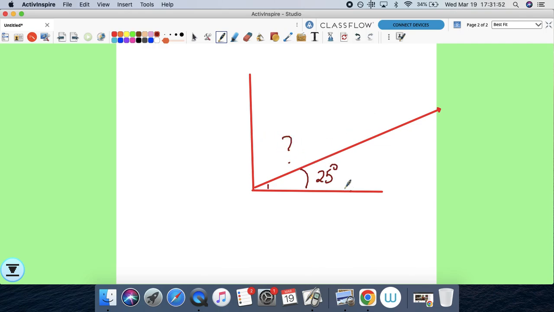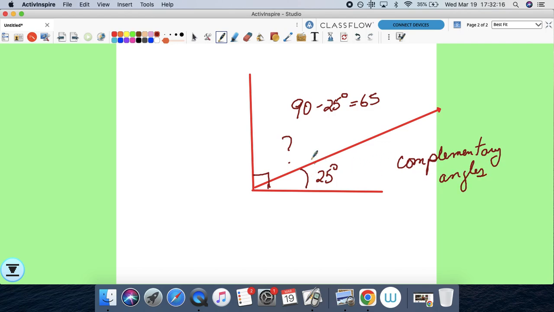Well, you know that the sum of those two, you know that the total is 90, so this angle right here that we don't know would be 90 minus 25, which is 65. And these two angles complement each other, and hence the name, complementary angles. Two angles that add up to 90 degrees.